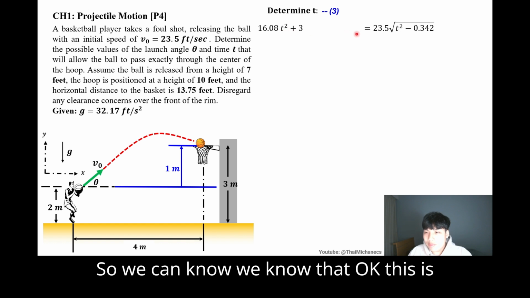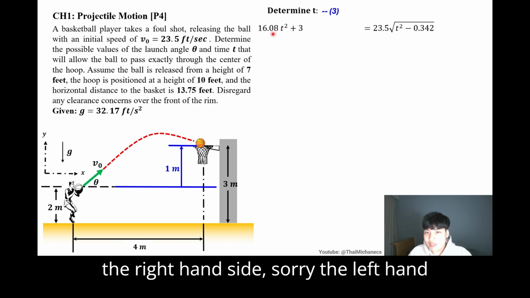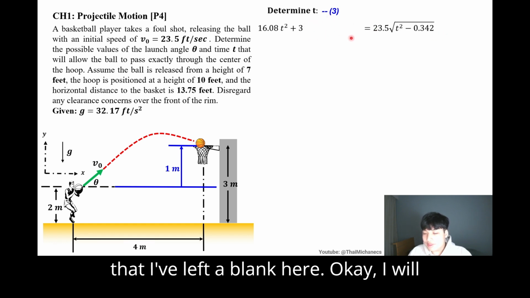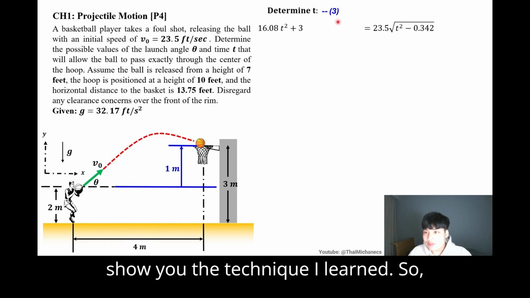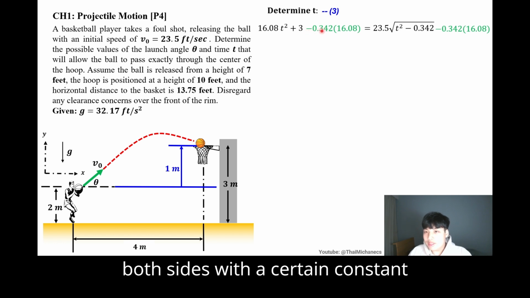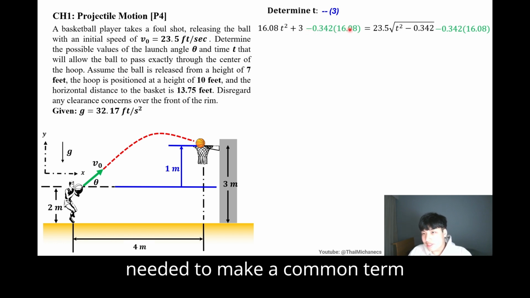So we know that this is the left-hand side and the right-hand side, and you notice that I've left a blank here. I will show you the technique I learned. In this technique, I subtract from both sides a certain constant needed to make a common term on both sides.